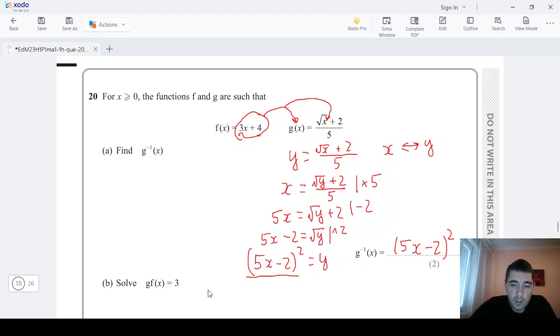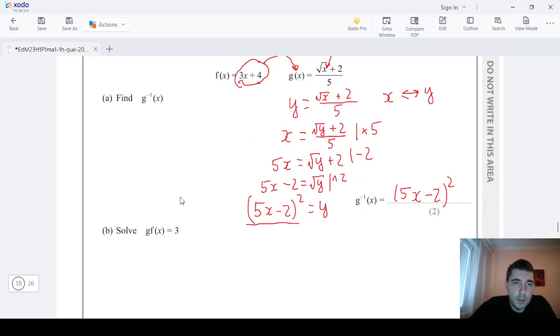Okay, so that will be g of f(x), which will be equal to the square root of 3x plus 4.